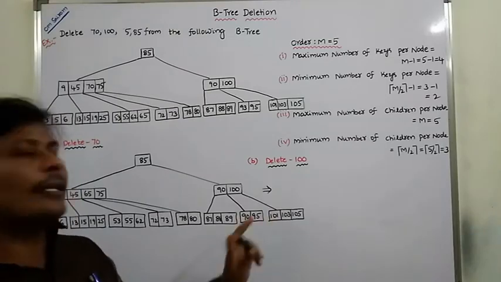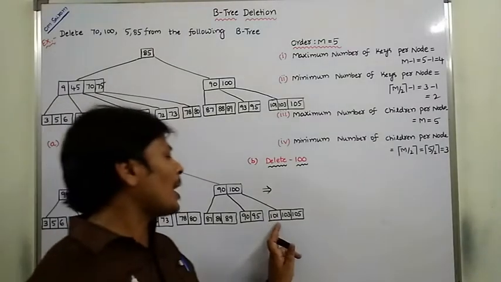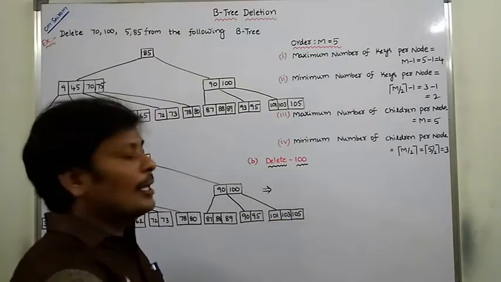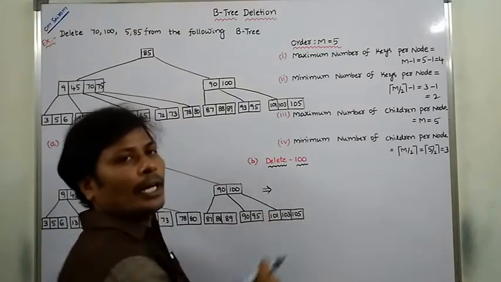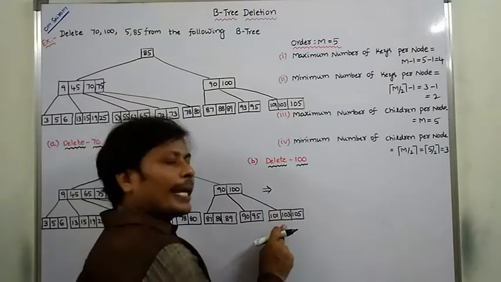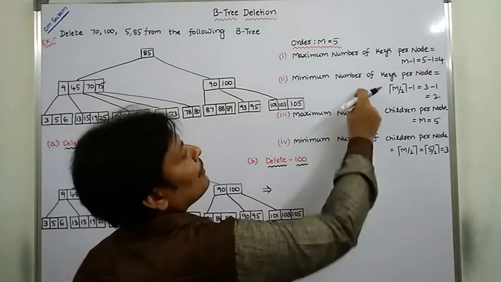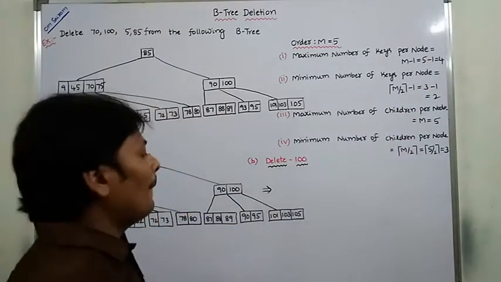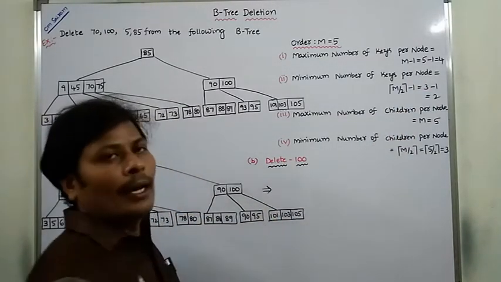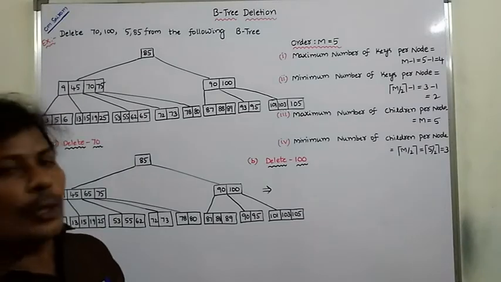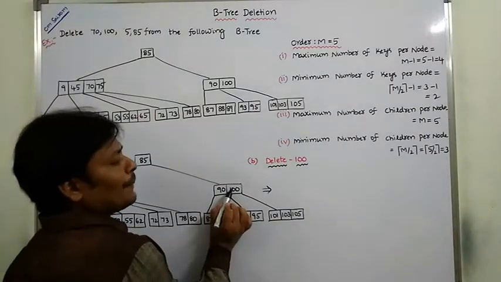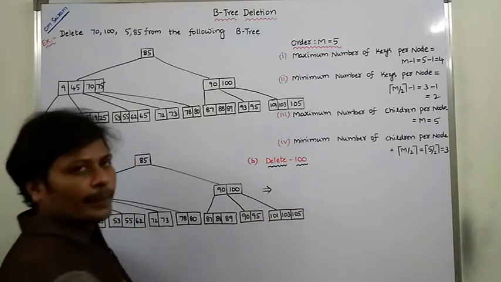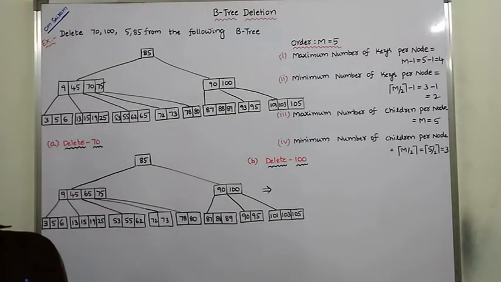That right subtree contains a node with how many key elements? 3 key elements: 101, 103, 105. So this node contains more than the minimum number of key elements. The minimum number of key elements per node is 2, but this node contains 3, so 100 can be replaced with the minimum element in the right subtree, that is the in-order successor.